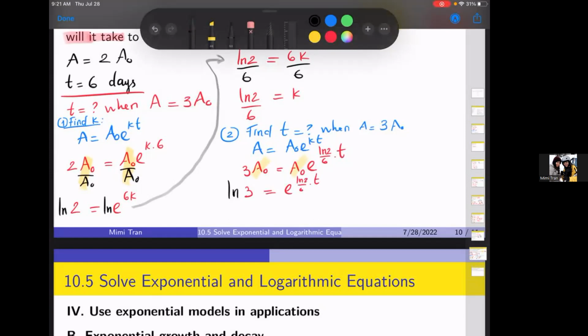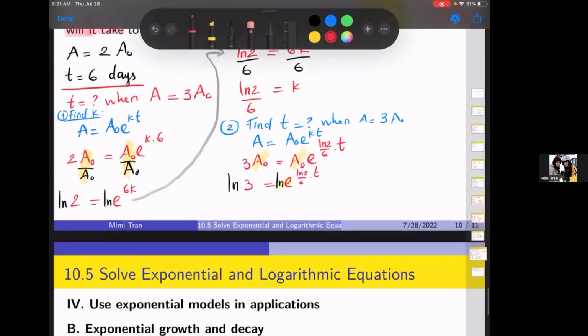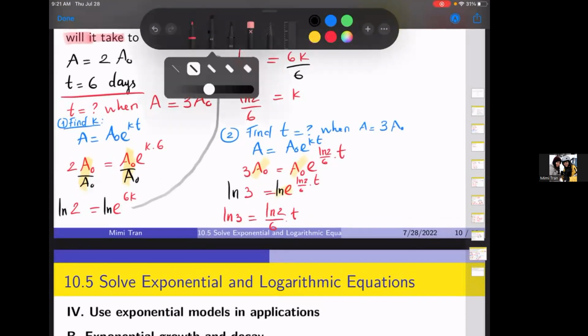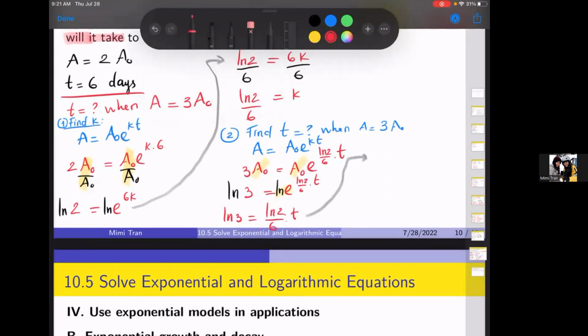And then ln E becomes 1. So I got ln of 3 equal ln of 2 over 6 times t. All right. Now ln of 2 over 6 is just a number. If you plug in your calculator, it'll give you some kind of decimal, right?